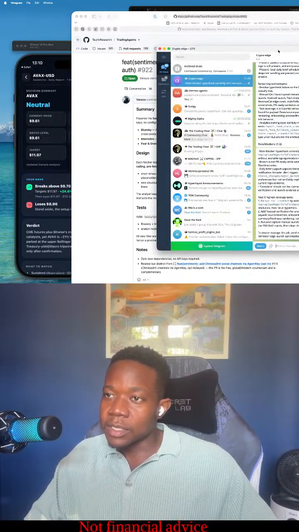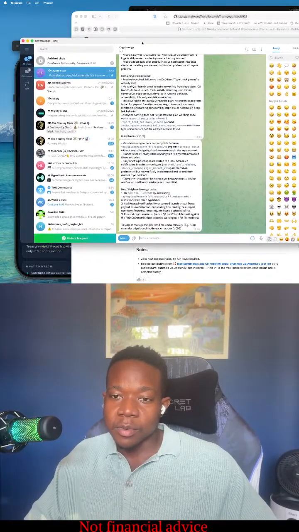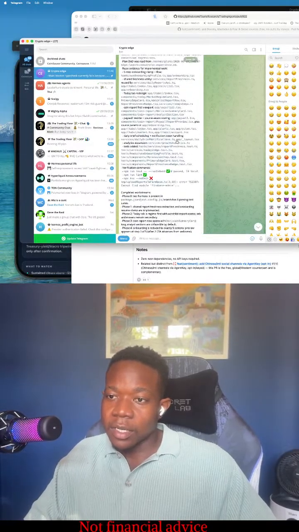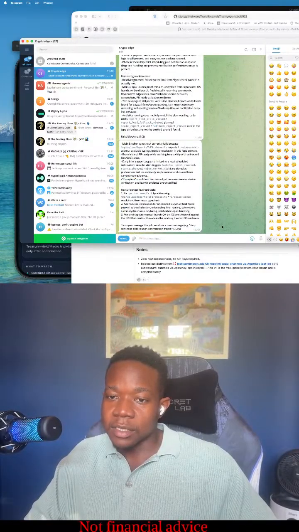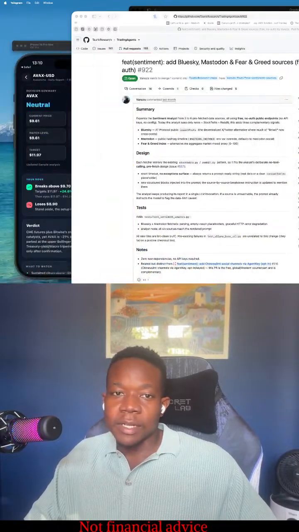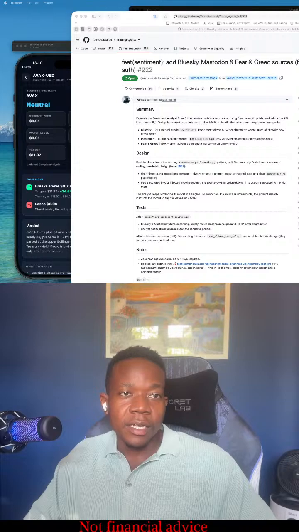So I have my Hermes agent here, which lives on this crypto bot. Whatever I tell it to do, it will push it to main. But I don't want to get into that too much. That's just another AI workflow that I use.